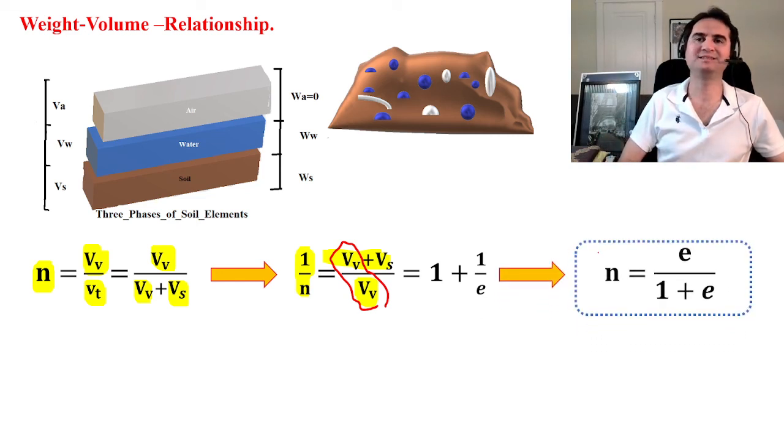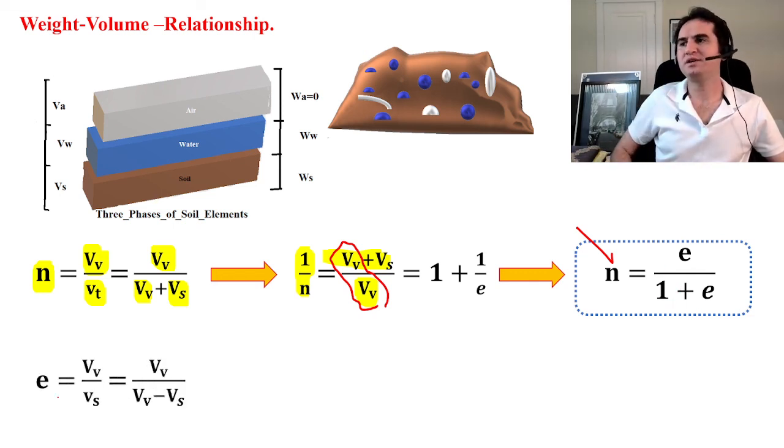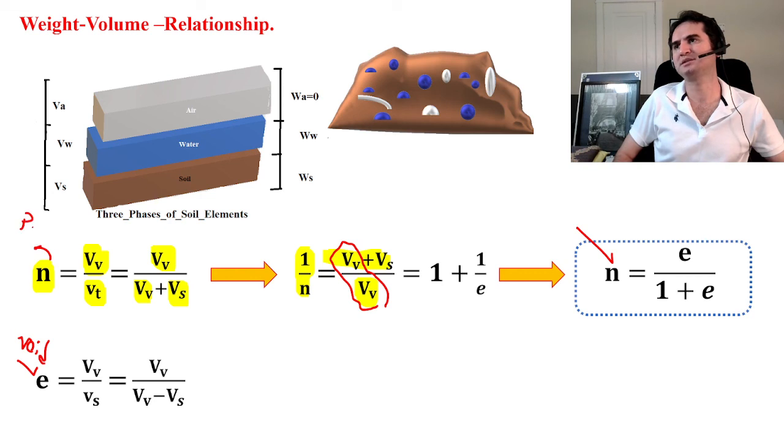So one can easily say porosity is equal to e over 1 plus e, or void ratio over 1 plus void ratio.